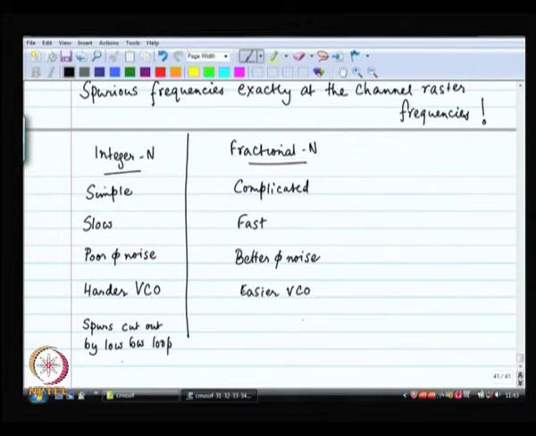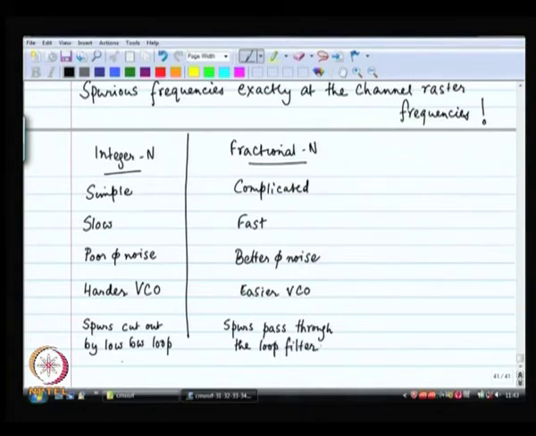So, for the integer n, the spurs are cut out by the low bandwidth loop, whereas for the fractional n synthesis technique, the spurs pass through the filter, through the loop. Now, these spurs happen to be precisely at the channel raster frequencies, which is very annoying to the base station.